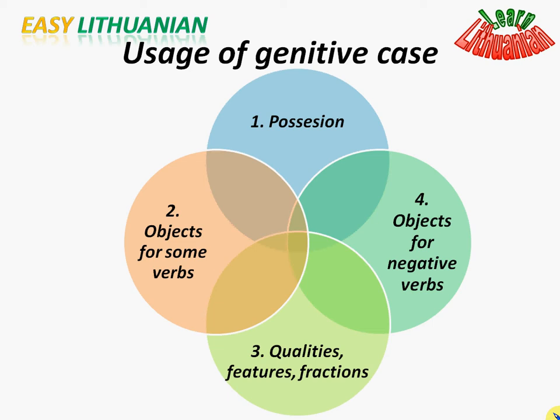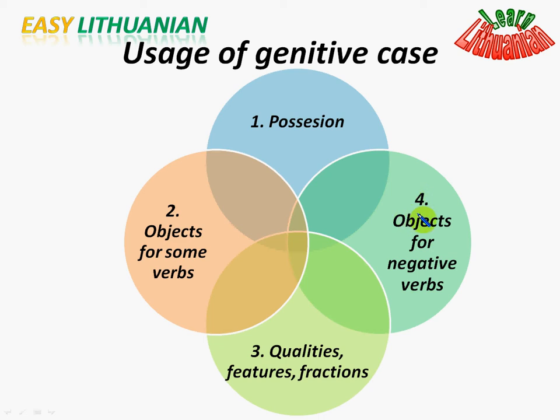Now, qualities, features, and fractions of something: the noun that has some qualities, features, or fractions will be in genitive case. You'll see sentence examples later in this video. And the fourth usage is very important, because foreigners make similar mistakes.